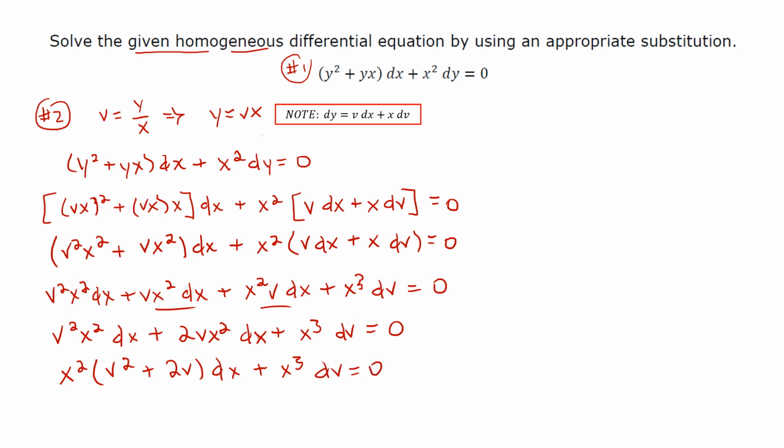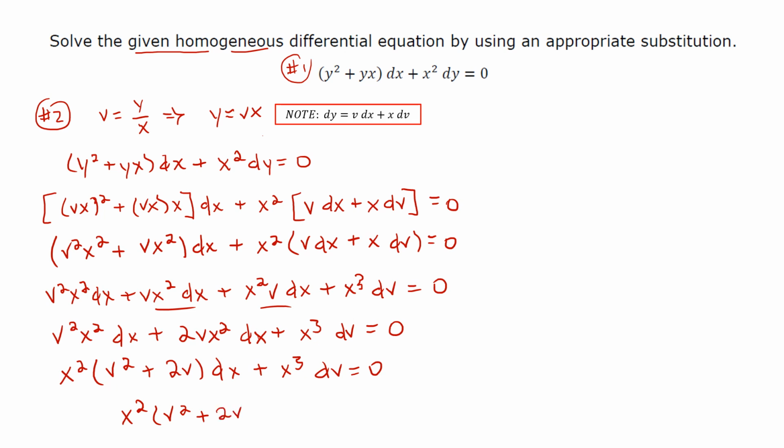Okay, so now we can separate the variables. So we'll have the x variables on one side and the v variables on the other.